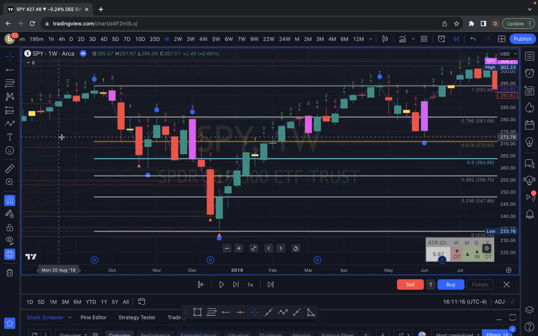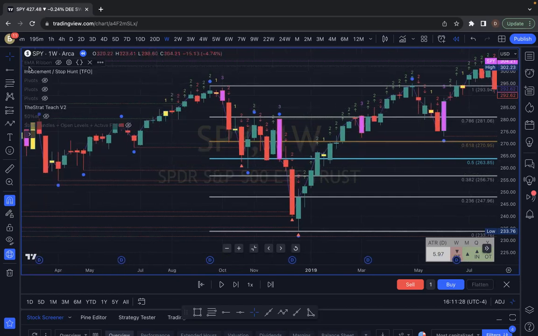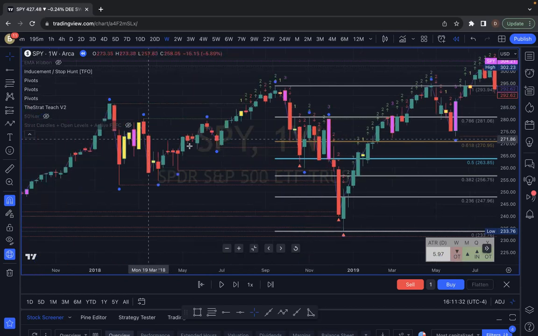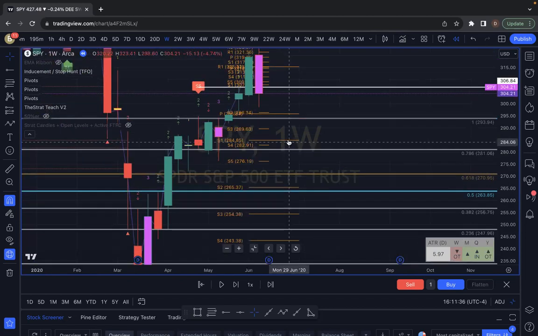It shows where price is likely to reverse, where they may be buying or selling. These are essentially pivot points also, but the actual pivot point indicator is calculated to show where they may possibly buy and sell, these levels right here. And as you can see, they pretty much get respected.